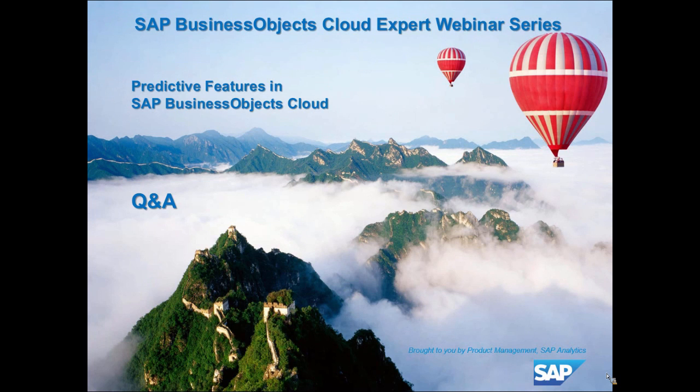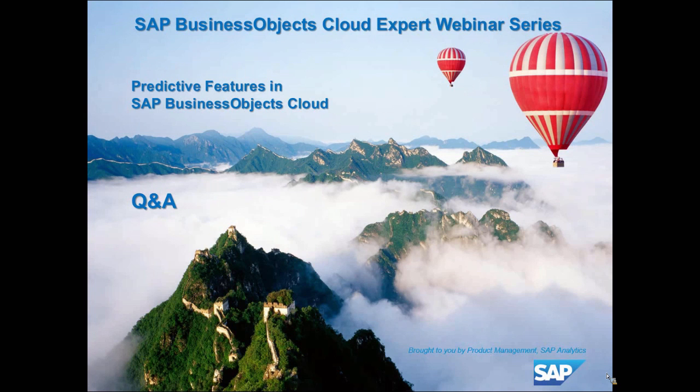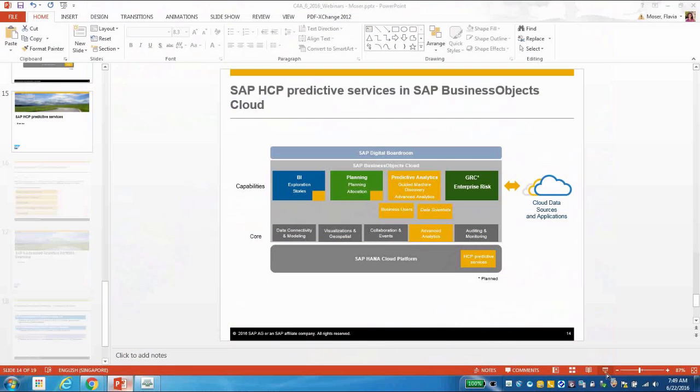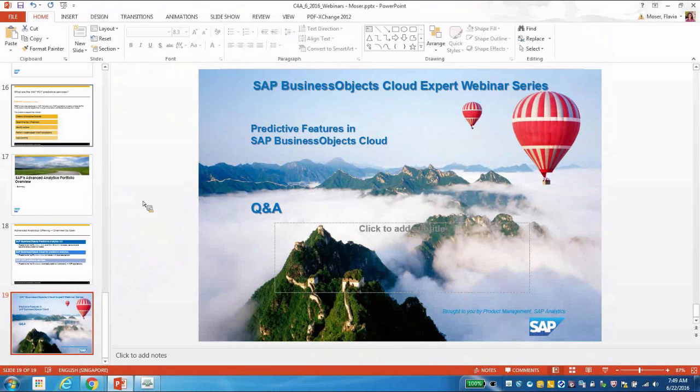We have Business Objects Cloud access, but predictive services are currently unavailable. Do we need to pay extra to get these services active? So, as I mentioned before, with our SAP Business Objects Cloud offering, the HCP predictive services come with it depending on your license. So if you have a license for just BI, let me quickly go back here.